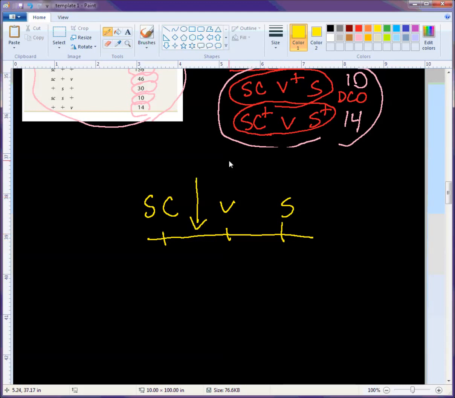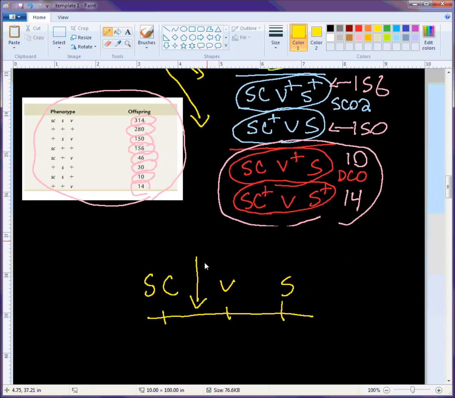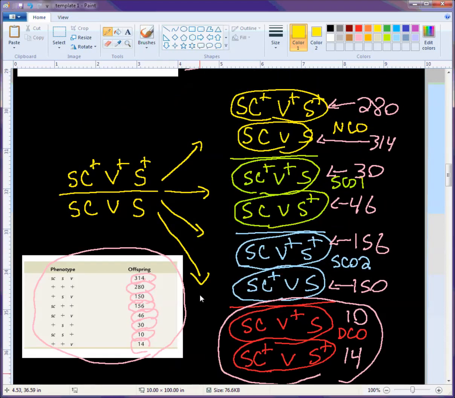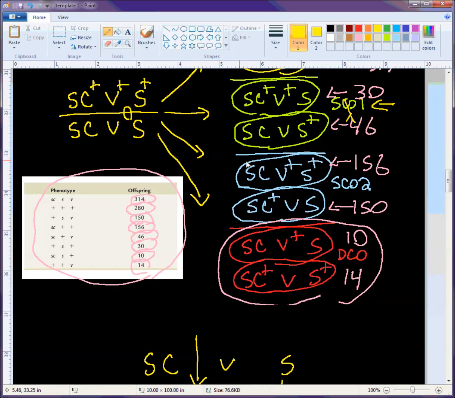So we need to know which classes contain gametes that were produced from a crossover between SC and V. And we can look up here and we can see that, well, this single crossover class resulted from a crossover between V and S. So we don't want this one, not yet at least.